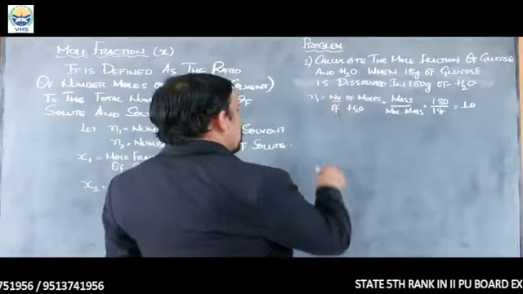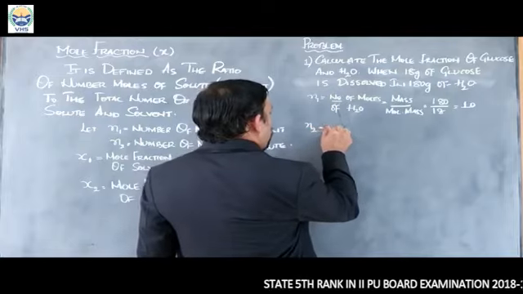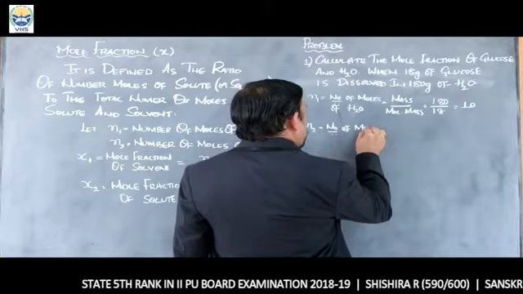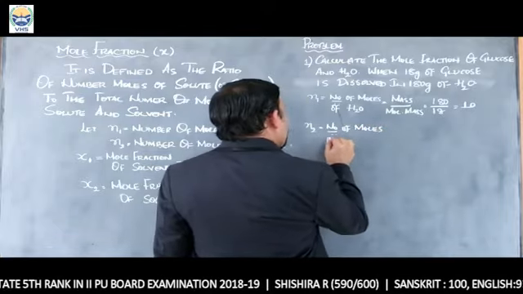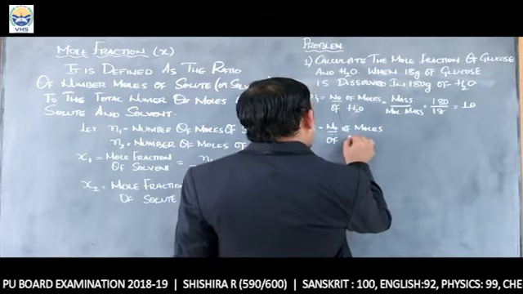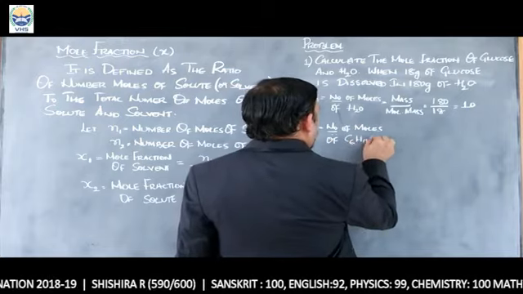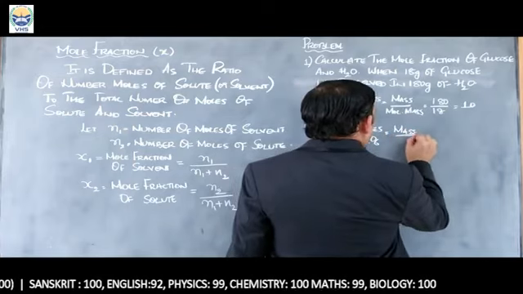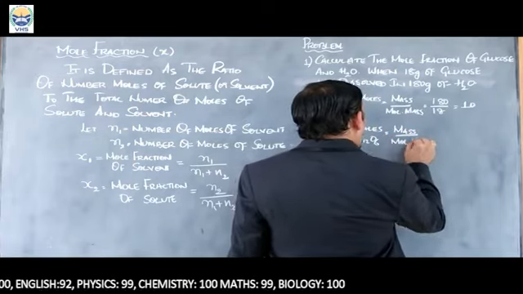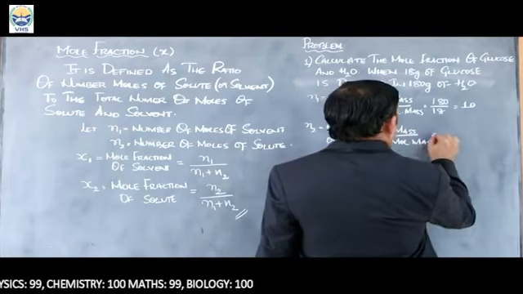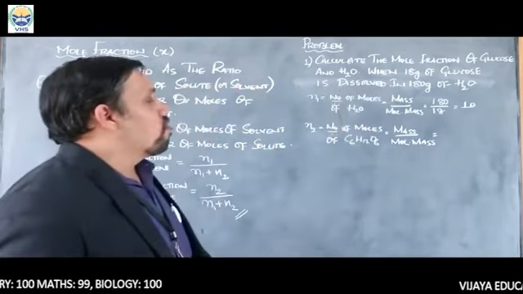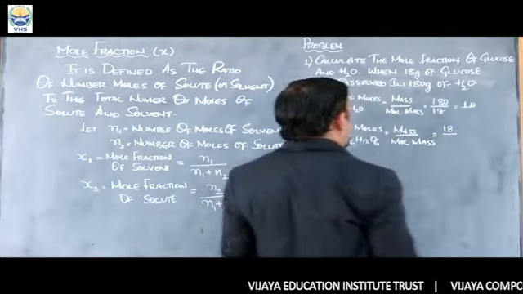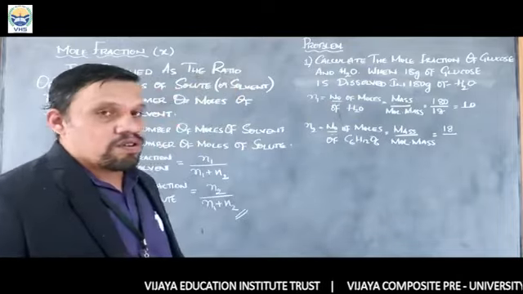Similarly, N2 is equal to number of moles of glucose, which is C6H12O6. Again, it will be mass divided by molecular mass. The mass of the solute that has been given is 18 grams, divided by the molecular mass of glucose.